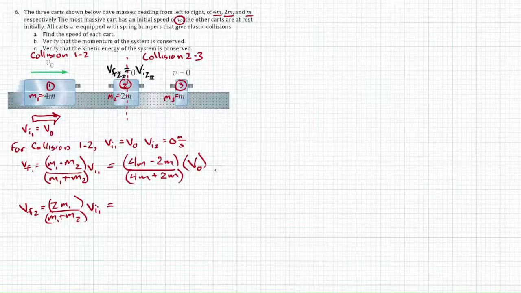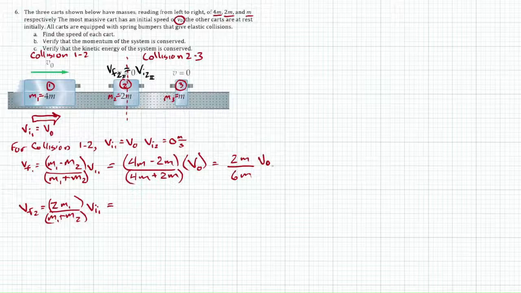VO. Well, we can simplify this, and instead of working downwards, I'm going to work sideways right here, but it shouldn't take very long to simplify this. 4m minus 2m. Okay, well, that's going to simplify to simply 2m. 4 of anything minus 2 of anything is 2 of that anything. 2m over 4m plus 2m, 2m over 6m. Times VO is what we have.